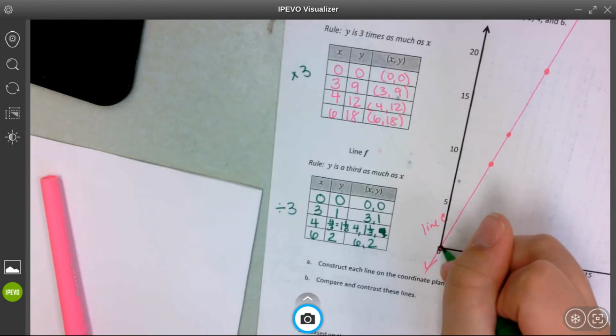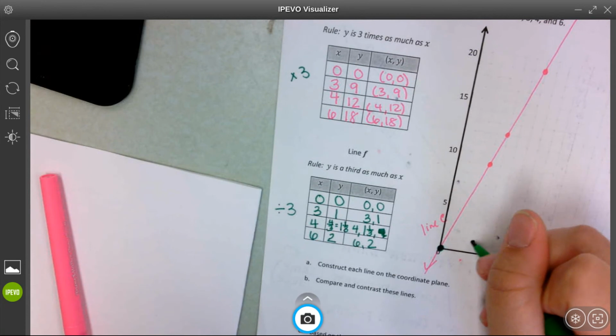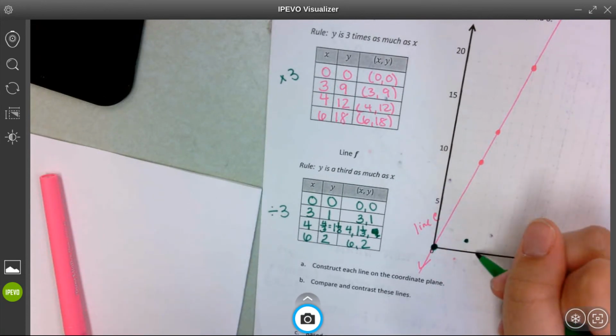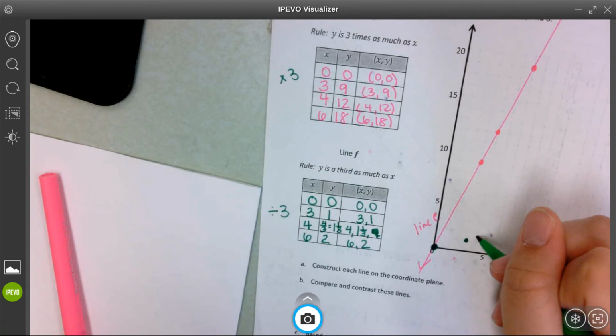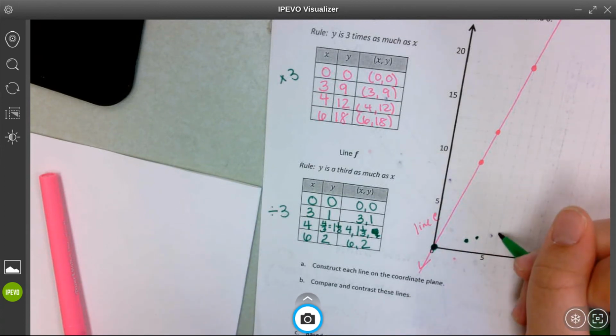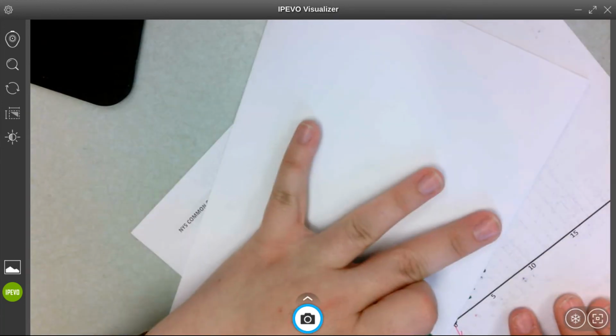Again, for line F, 0, 0. Then I'm going to go 3, 1. And then 4, 1 1/3 is like there. And then 6, 2. That's a much shallower line.